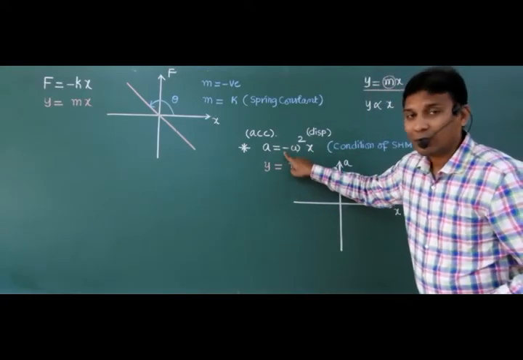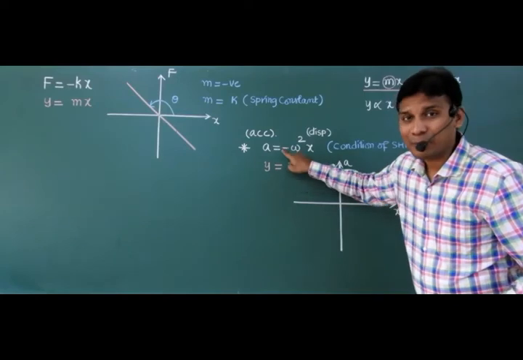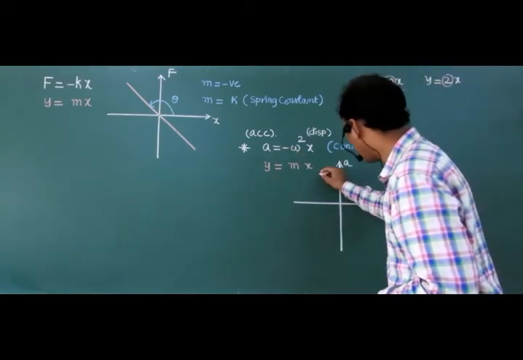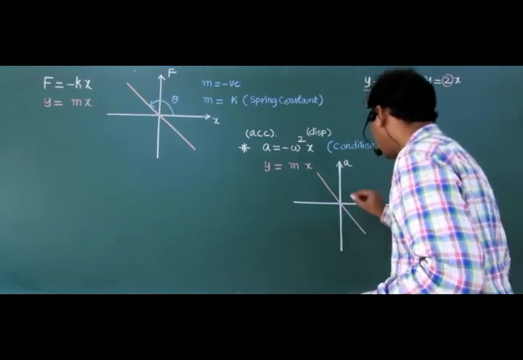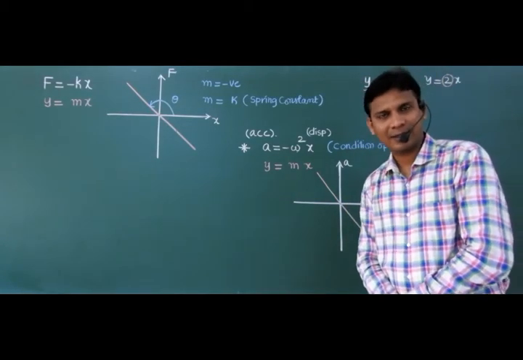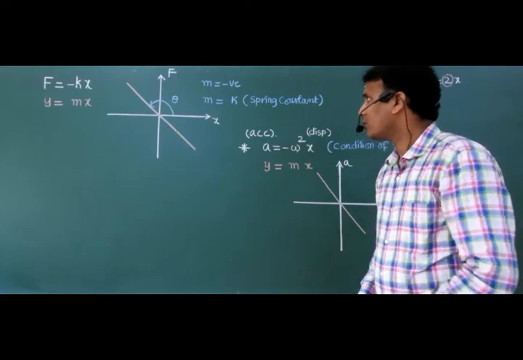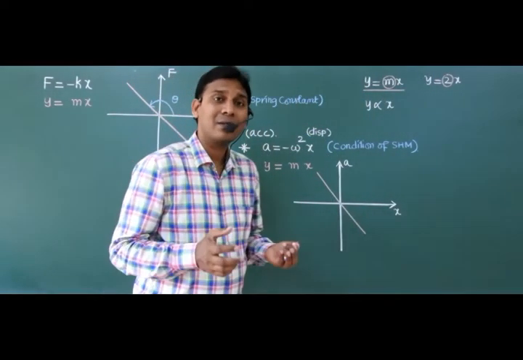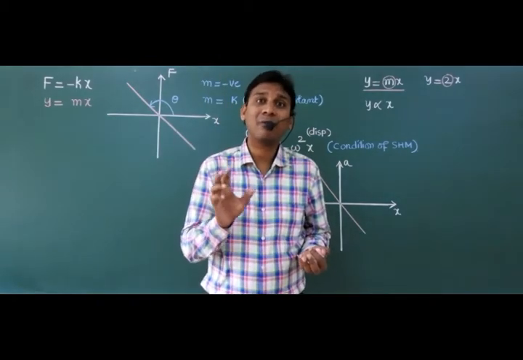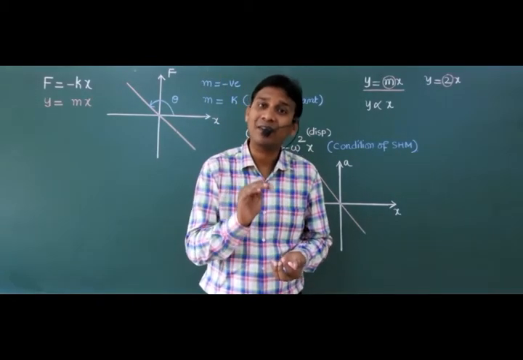Here m is negative. Slope is negative means you will get a graph like this. Am I right? Okay? So these are the examples of the y is equal to mx form from the physics point of view.